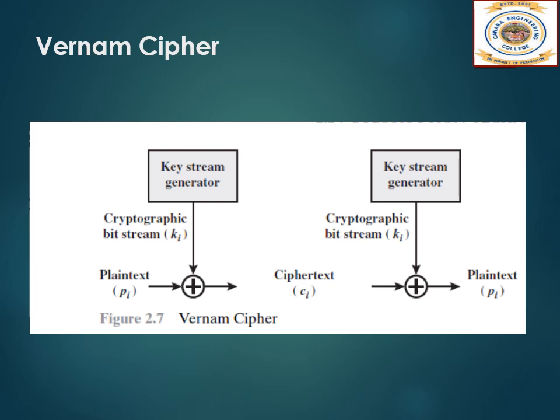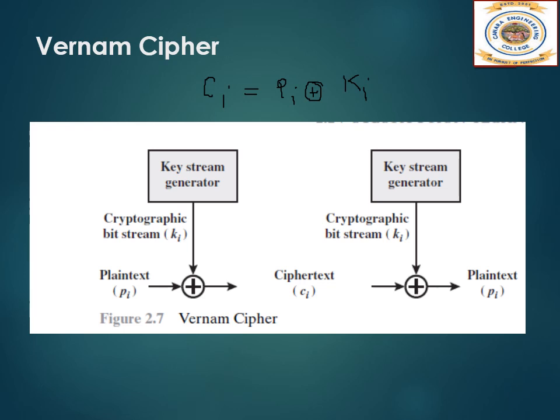Such a system was introduced by an AT&T engineer named Gilbert Vernam in 1918. His system works on binary data rather than letters, so it can be expressed as follows: the ciphertext Ci is obtained by the plain text XORing with the bit of the key stream.